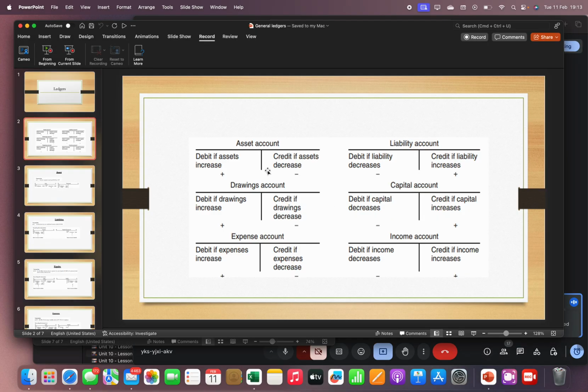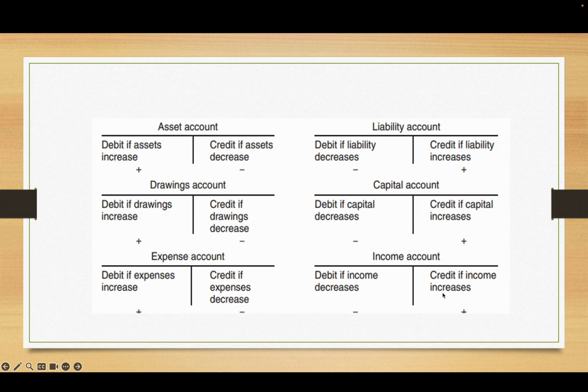Let's continue. Okay, so what we do have here, let's put it in slideshow. Yes. So here we have asset account, liability account, drawings account, capital, expense, and income. So this is a T table. So a T table represents the left side and the right side.